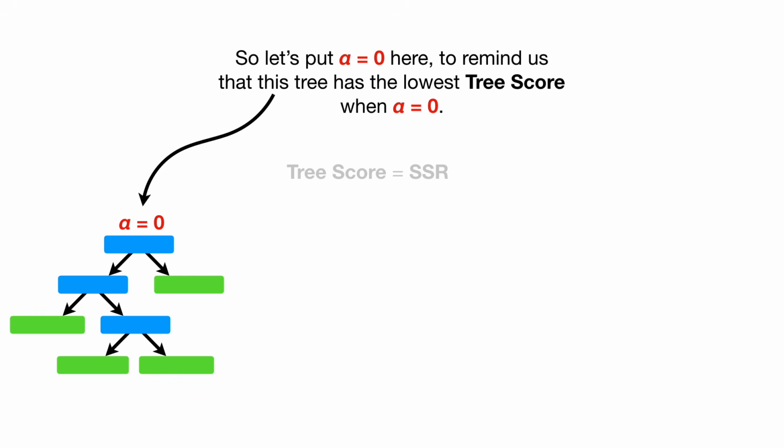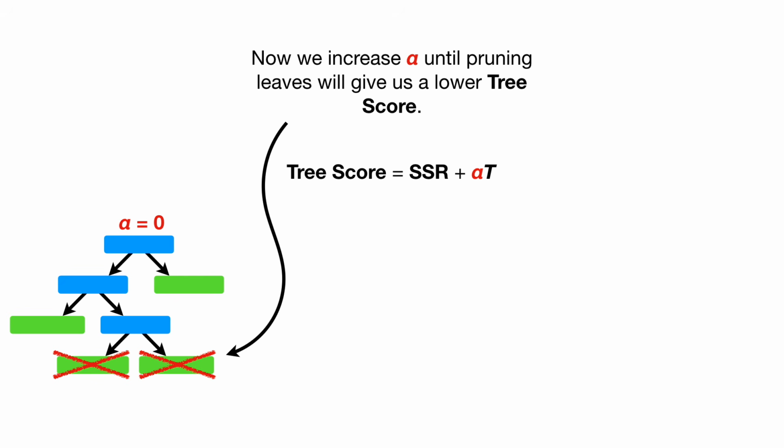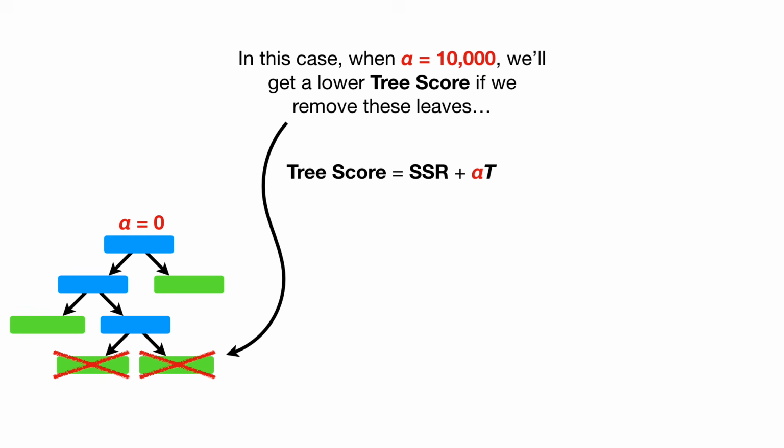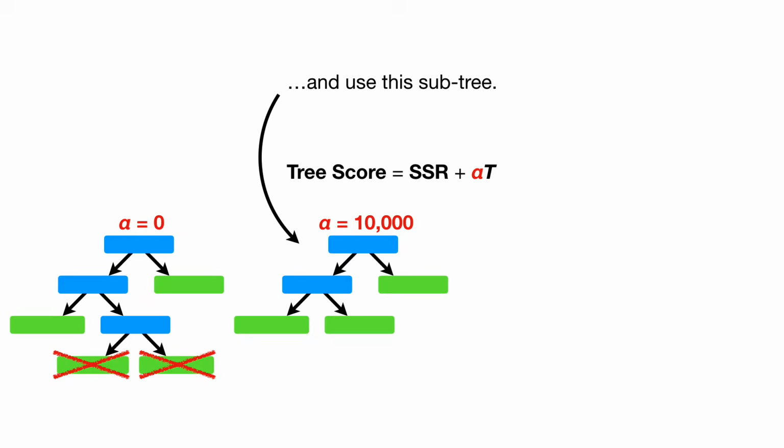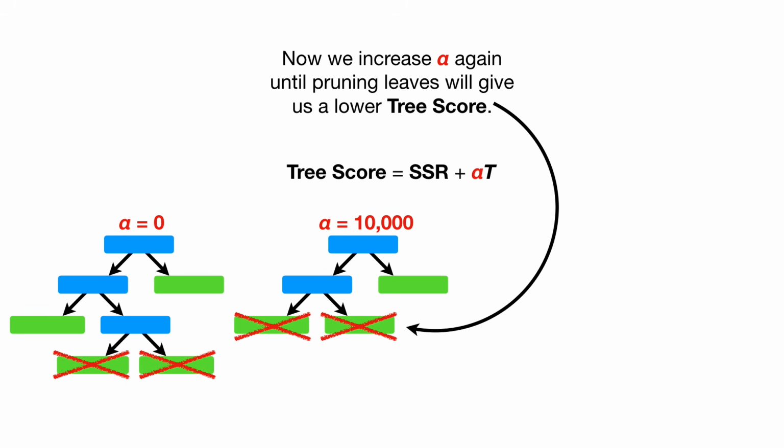So let's put alpha equals 0 here to remind us that this tree has the lowest tree score when alpha equals 0. Now we will increase alpha until pruning leaves will give us a lower tree score. In this case, when alpha equals 10,000, we'll get a lower tree score if we remove these leaves and use this subtree. Now we increase alpha again until pruning leaves will give us a lower tree score.